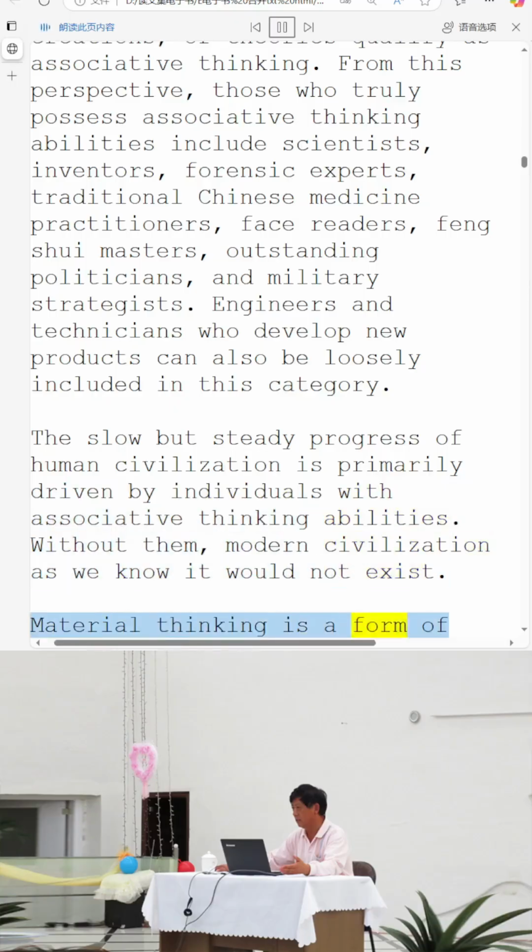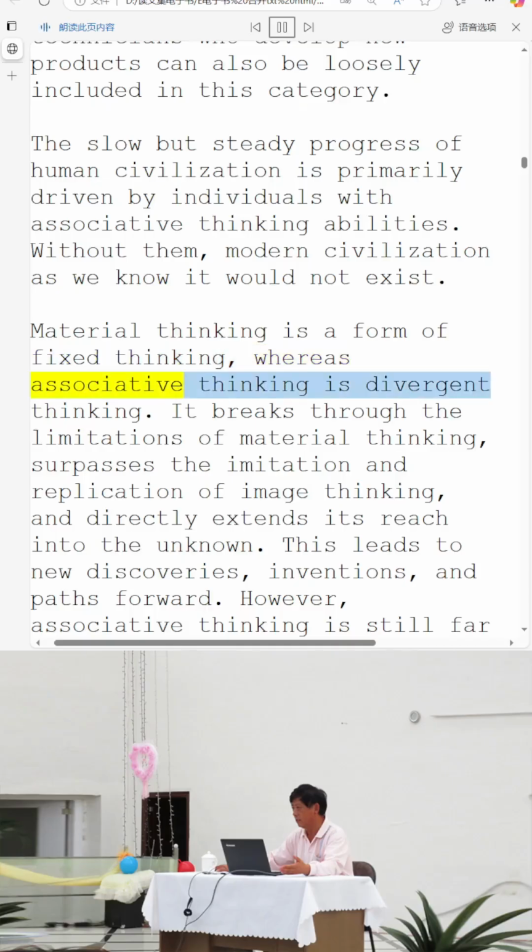Material thinking is a form of fixed thinking, whereas associative thinking is divergent thinking. It breaks through the limitations of material thinking, surpasses the imitation and replication of image thinking, and directly extends its reach into the unknown. This leads to new discoveries, inventions, and paths forward.